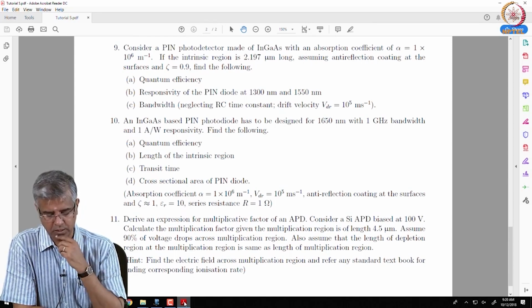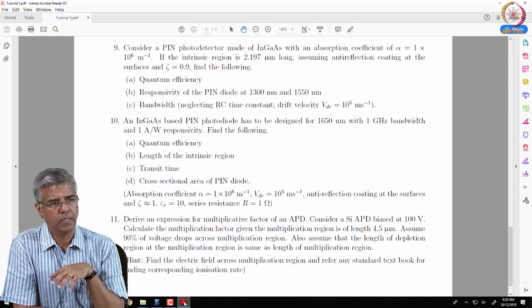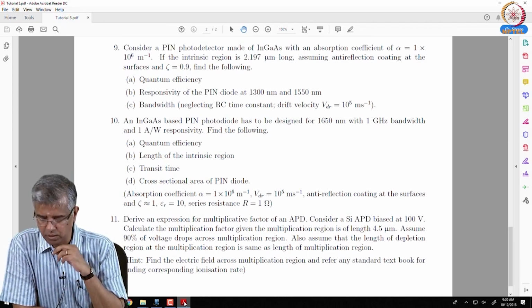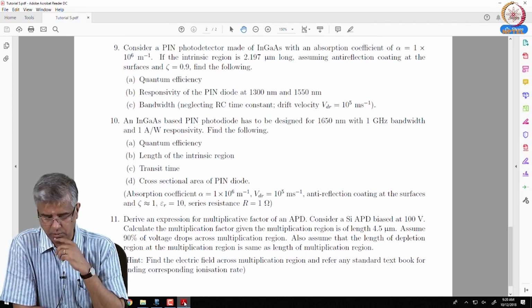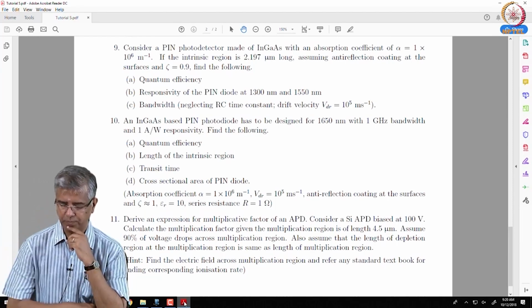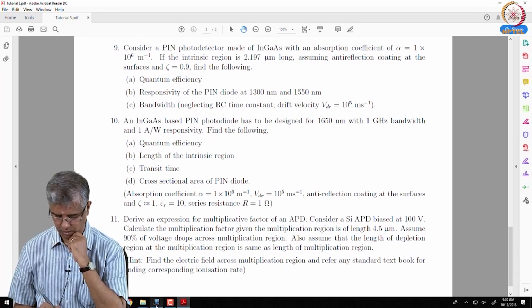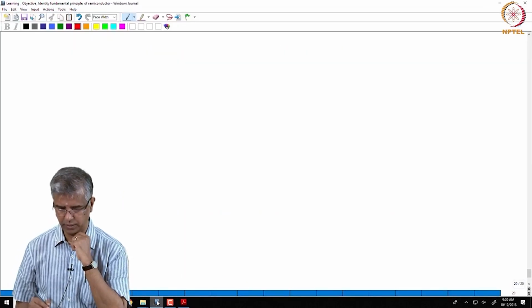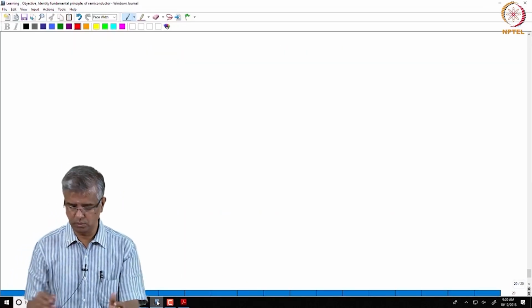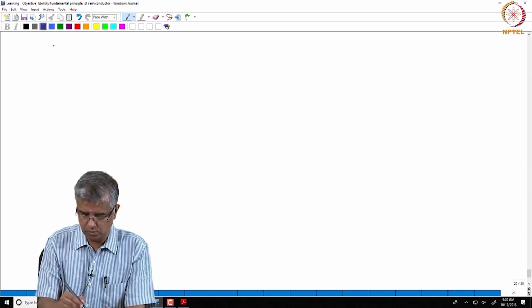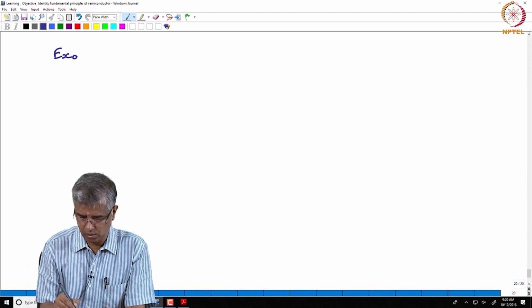Quantum efficiency and responsivity we have been discussing yesterday. The bandwidth we did not talk about very much. I'll talk about it in a little more detail today. Okay, so let's see how we can determine these quantities. So let's go with example 1.